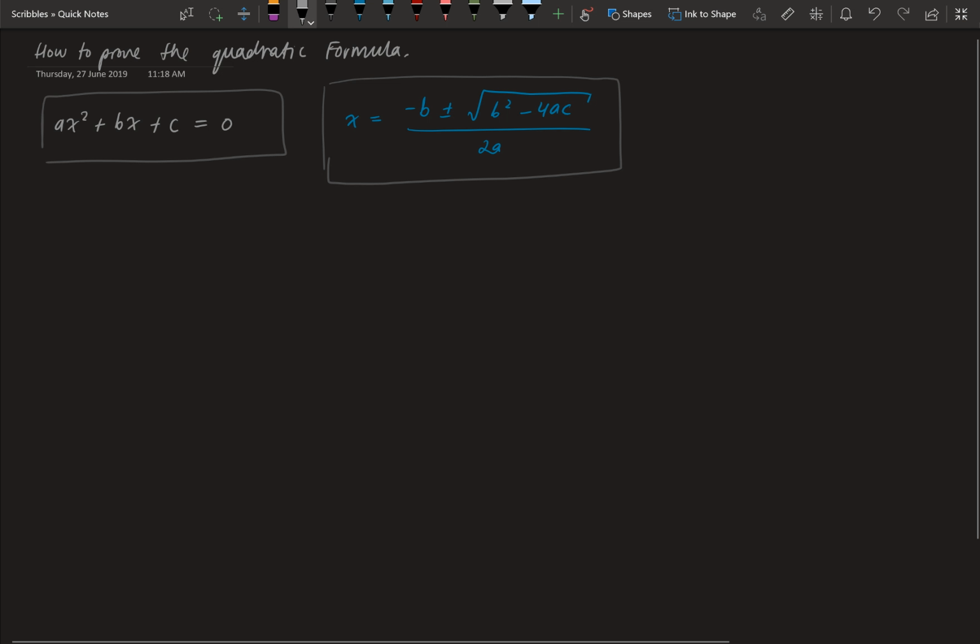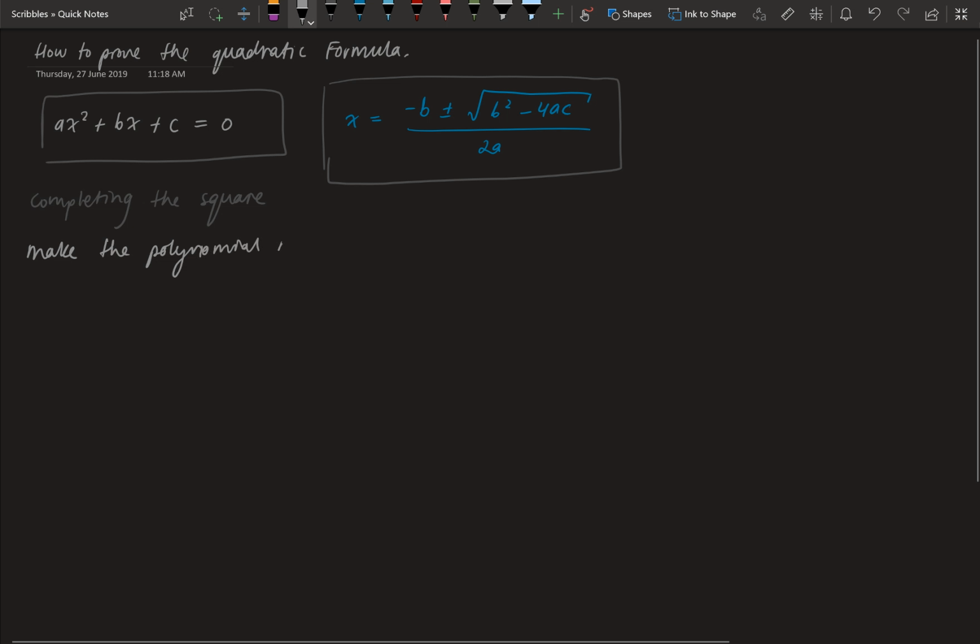So I'm going to use a method called completing the square to prove to you that this is actually true. Completing the square. All right. The first thing I'm going to do is make the polynomial monic.